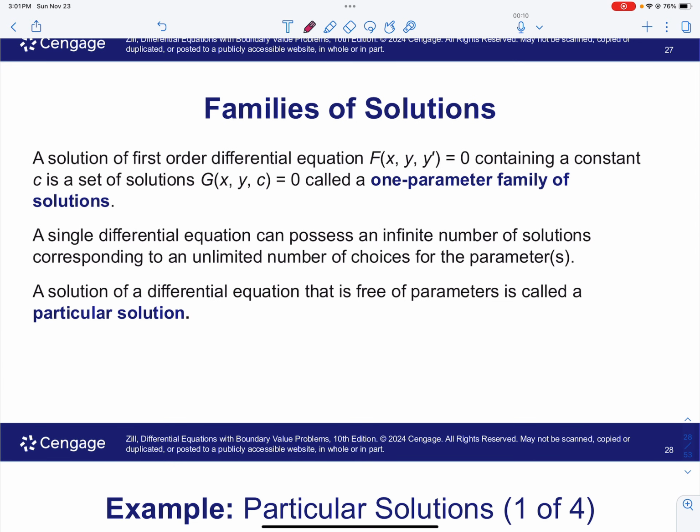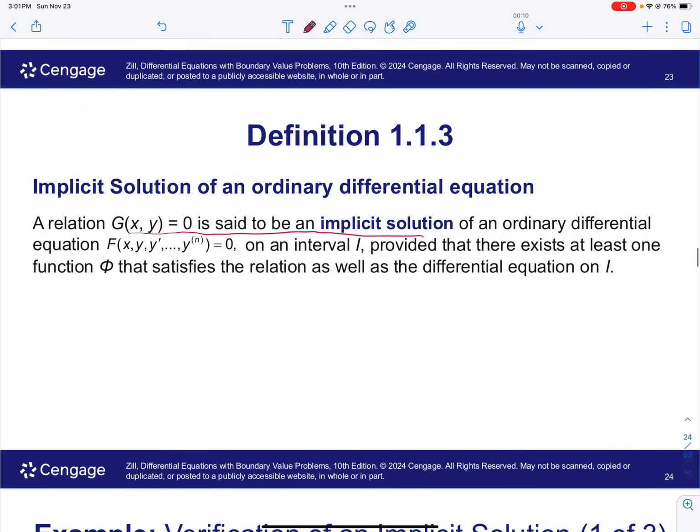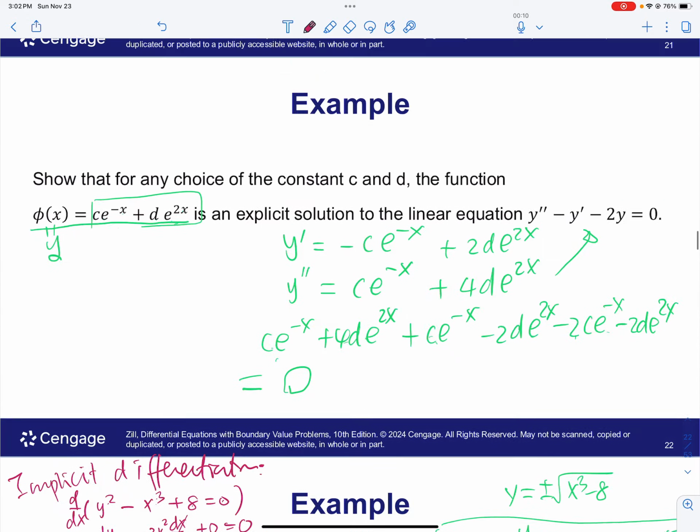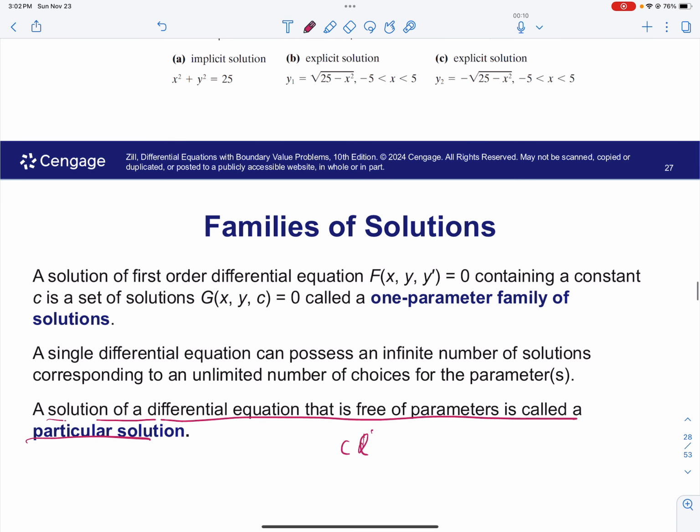So what will be a particular solution? If we have y equal to C e to the negative x plus D e to the 2x. This is y. Are you with me?